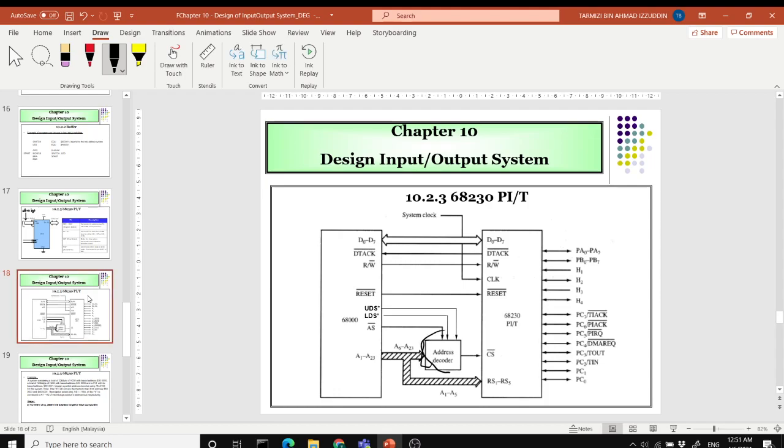The address bus is connected to the address decoder, and then this is going to be connected to the chip select. And then you have your UDS LDS. If you remember back, UDS LDS is the first bit on the address pin. And then the data pin is connected to the data bus, and DTACK is connected to DTACK, and read and write and such, and so on.